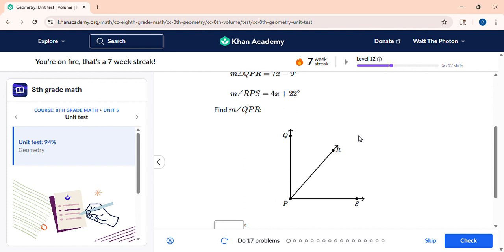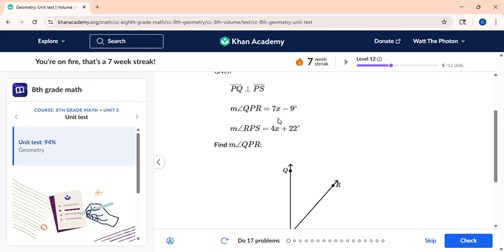And we subtract 13 from both sides. We get 11x is equal to 77. And so we get x is equal to 7. Now if we're trying to find QPR, we multiply 7 times 7, which is 49, and subtract 9, and we get 40.